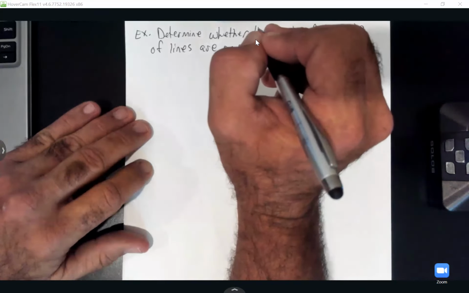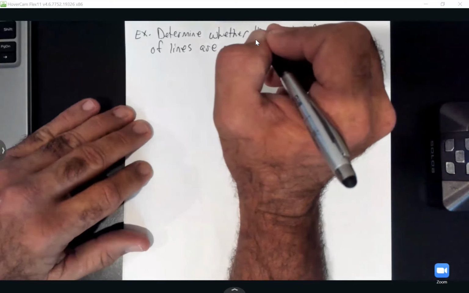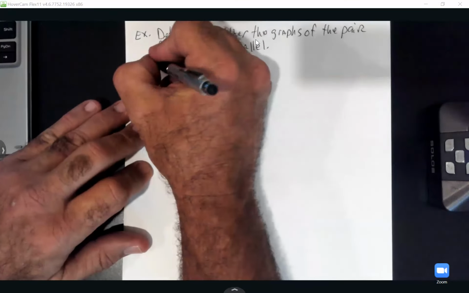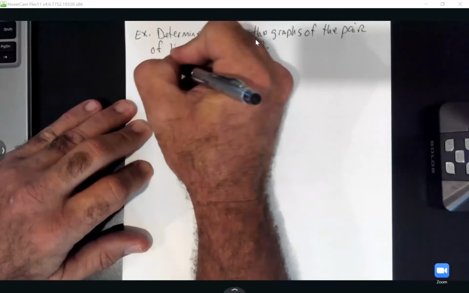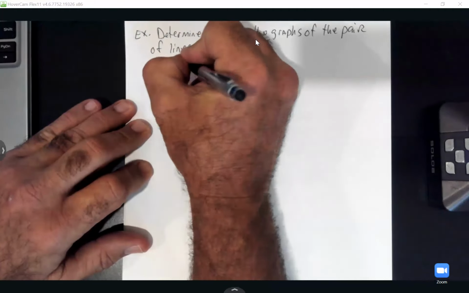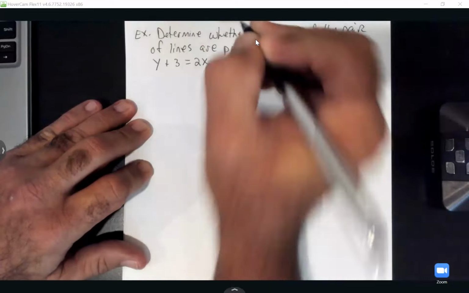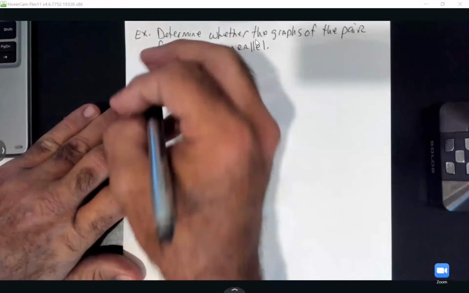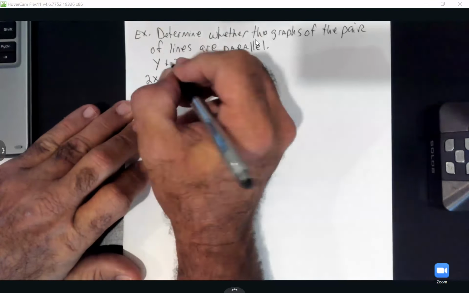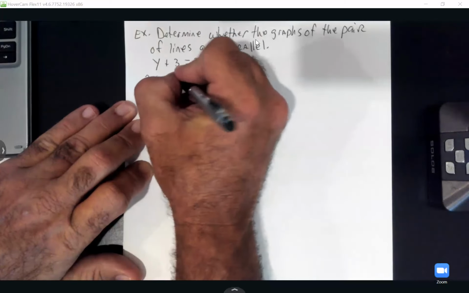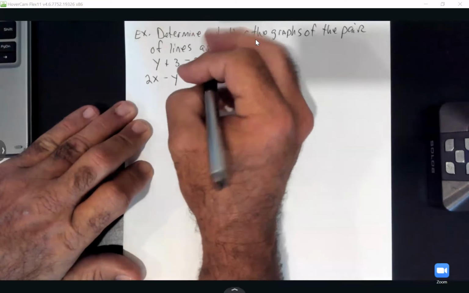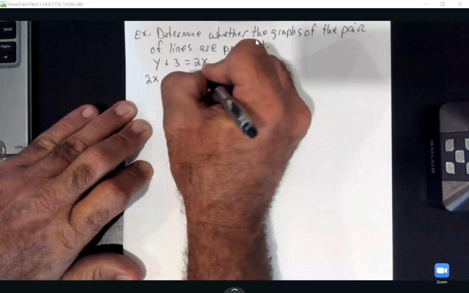All righty, so let's see what I'm getting here. So my first equation is y plus 3 equals 2x. My second equation is 2x minus y equals -3.